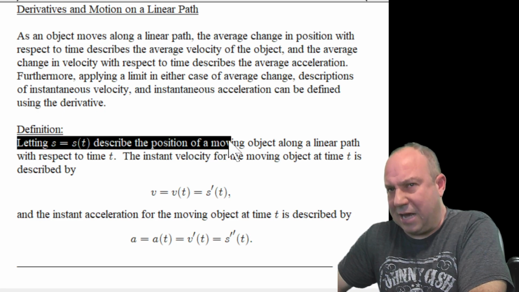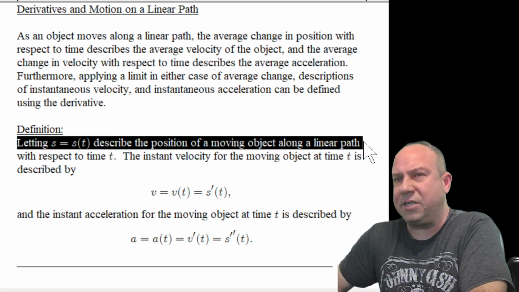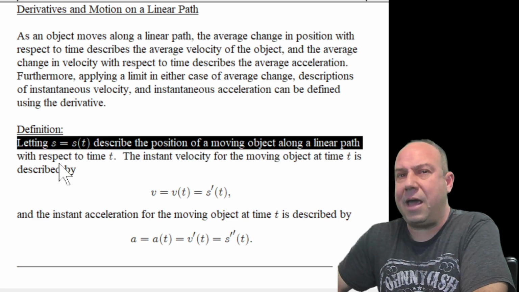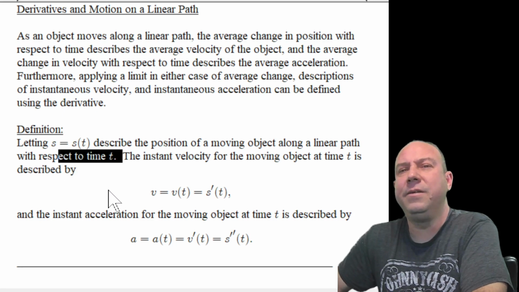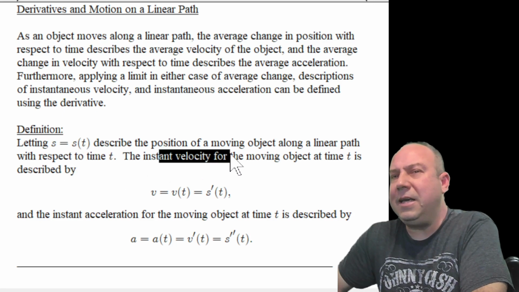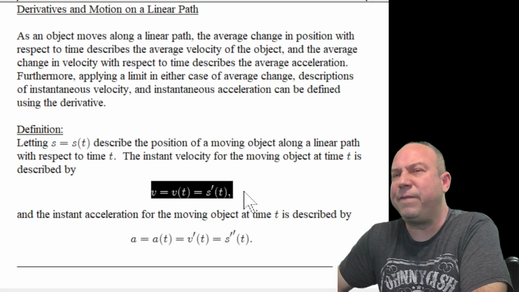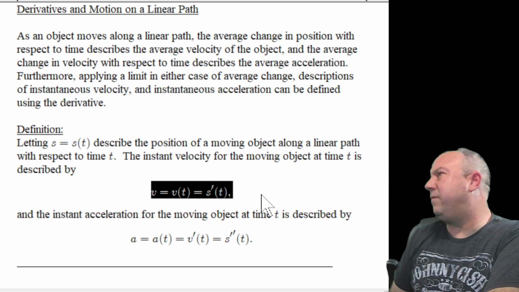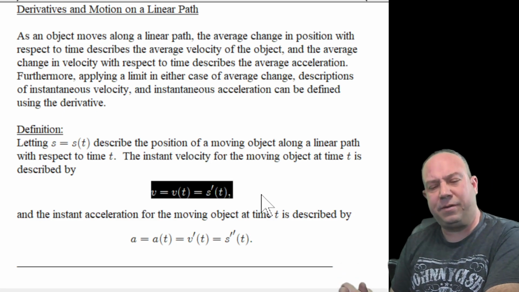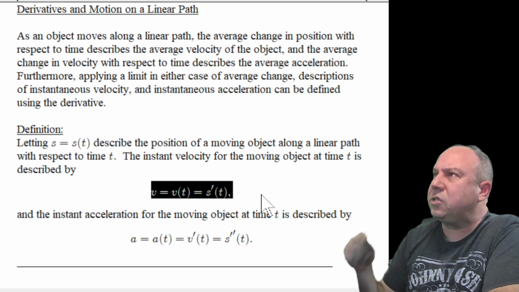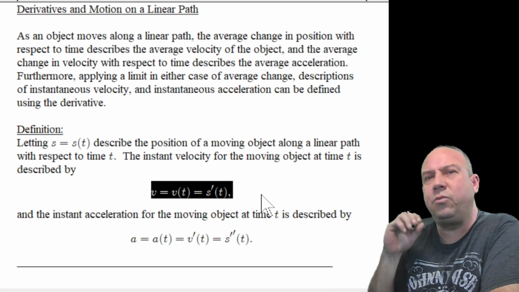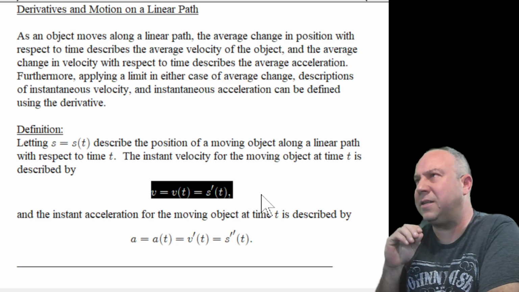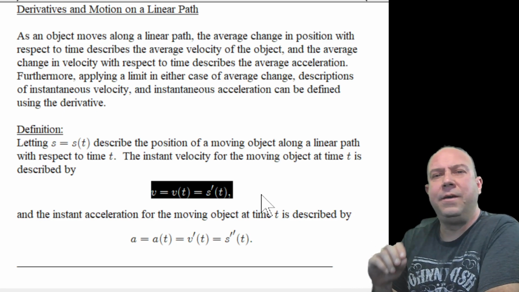Letting S equal S of t describe position of a moving object along a linear path at time t, right? Instant velocity is the first derivative of that position function. If we take the first derivative of our position function, we end up with another function with respect to time, right?